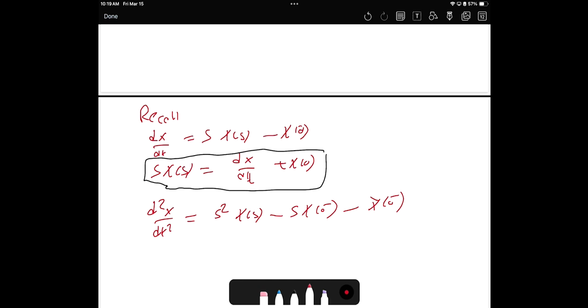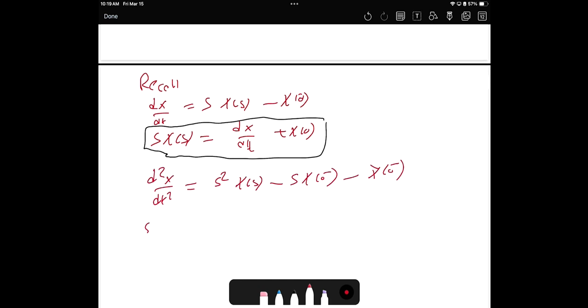Then, in order to find s squared times X of s, this will be d squared x of t/dt squared, plus, since we have s x of 0, the derivative terms, and x bar of 0 negative.